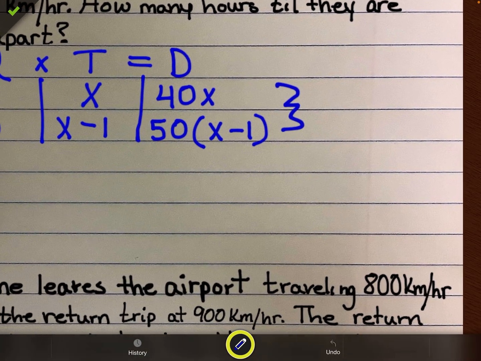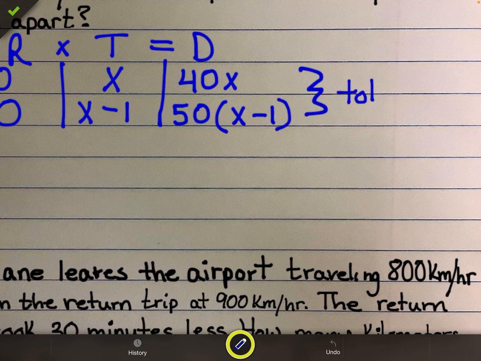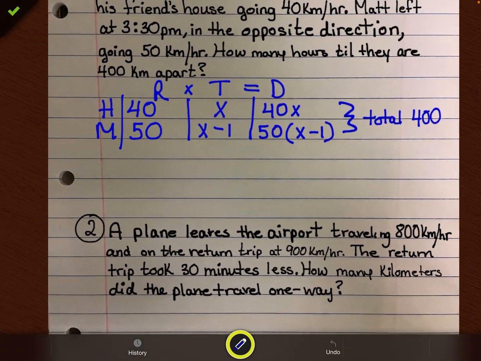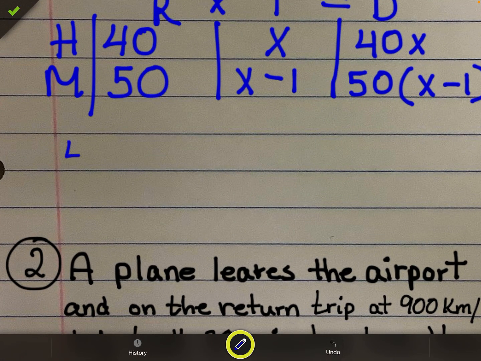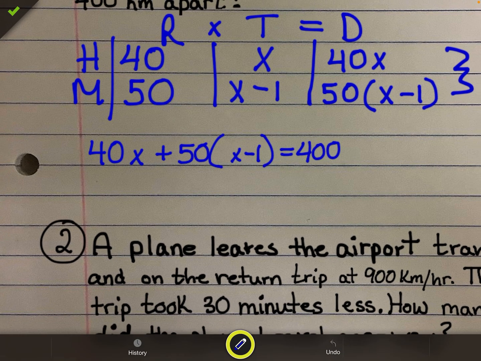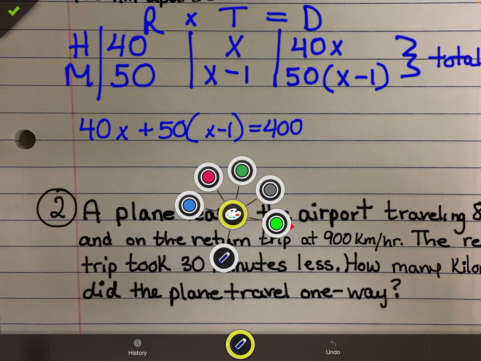So my equation is going to represent them being totaled to 400. I'm going to write my equation down here. So 40x plus 50 times the quantity x minus 1 equals 400.